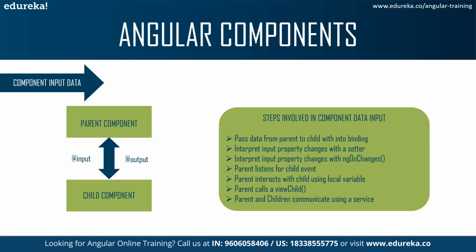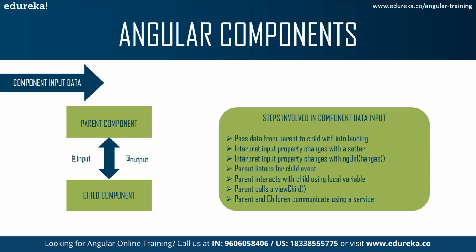Let's say the component that you will be creating is your child component. In order for us to transfer data between each other, we use something called input and output. So let's see how these steps are involved. Passing data from parent to child is called binding. To interpret input property changes, we are going to process it by a setter.